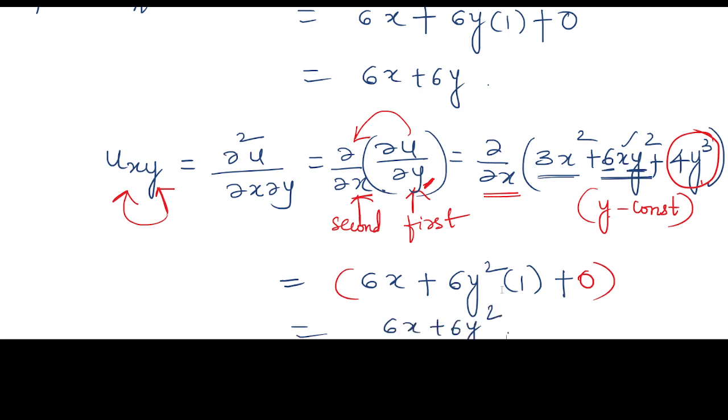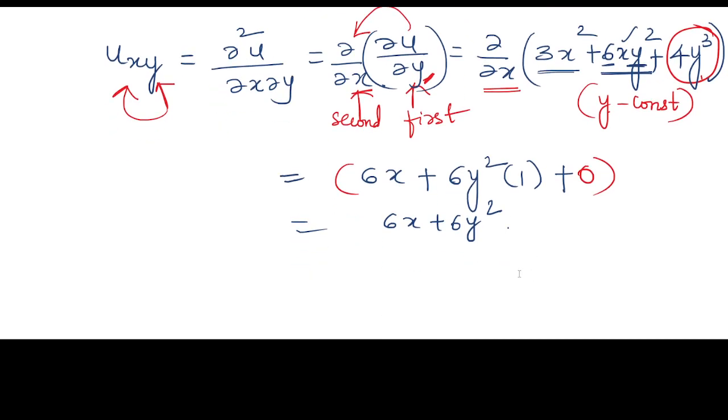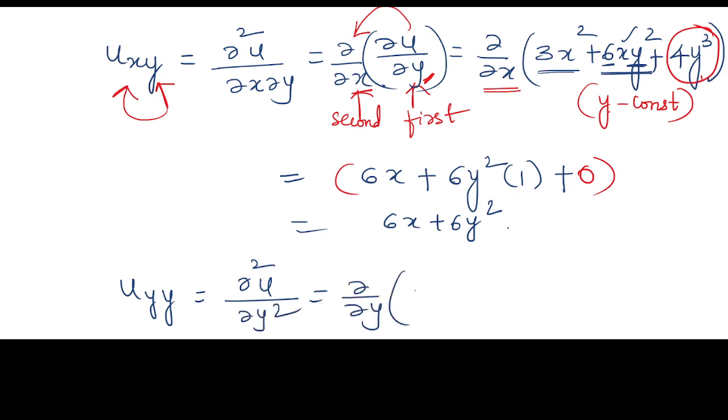Okay. Now the next partial derivative is u_yy, that is ∂²u/∂y², or we can write it as ∂/∂y of ∂u/∂y.